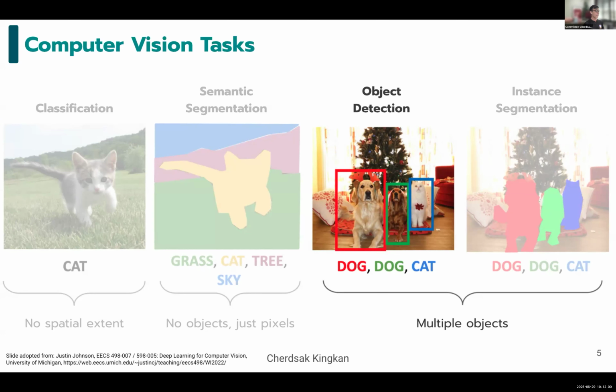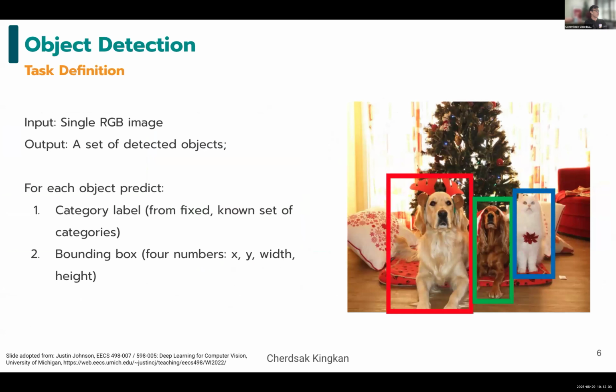All right, so the task definition of object detection is that, let's say we have a single RGB image, and the output that we want is a set of detected objects. For each object, we want to predict two things.